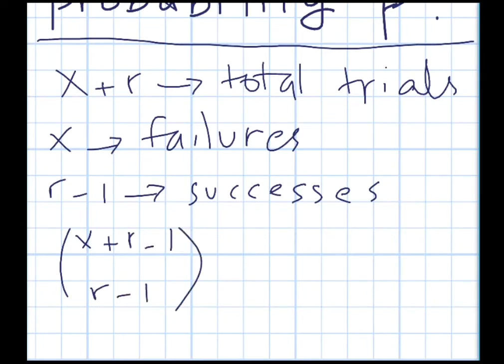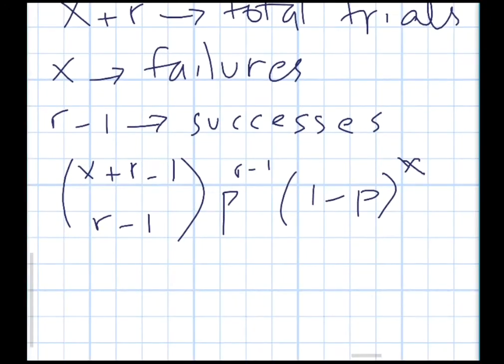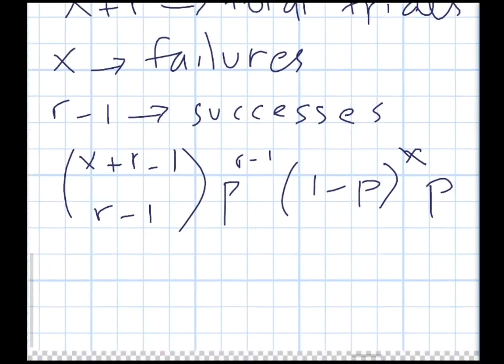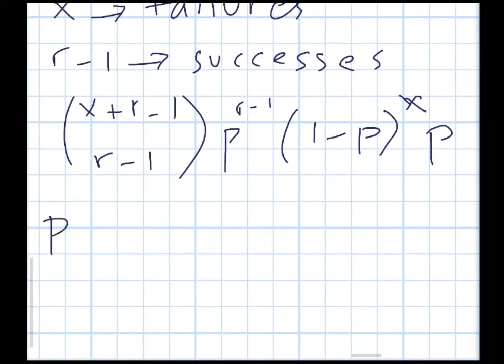What is the probability of each success? p. So for r minus 1 successes, we have p to the r minus 1. And what is the probability of failure? 1 minus p, to the x, since the number of failures is x. And since the events are independent, for the x plus rth trial we just multiply this by p to find the probability.